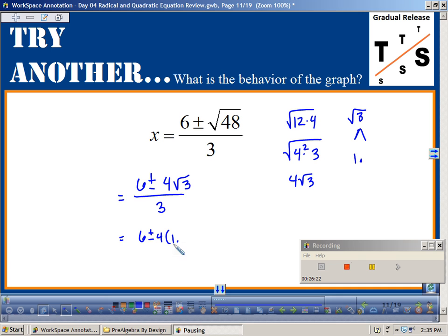The square root of 3 is 1.7. I'm not plugging and chugging. I'm thinking about it logically as I go. So 4 times 1.7 is, anybody got it already? Yep. 6.8.